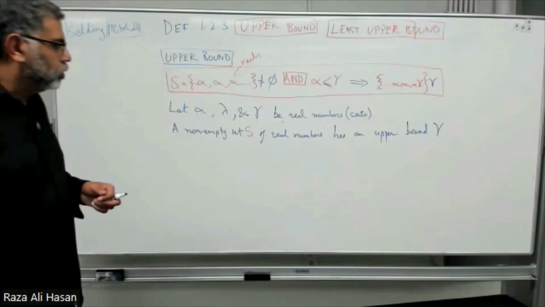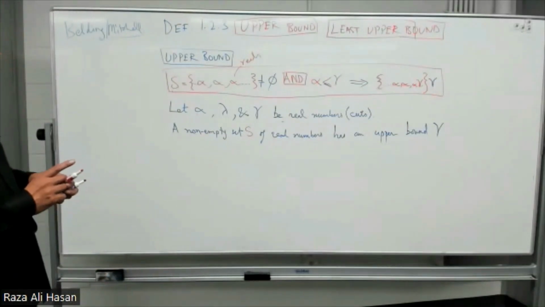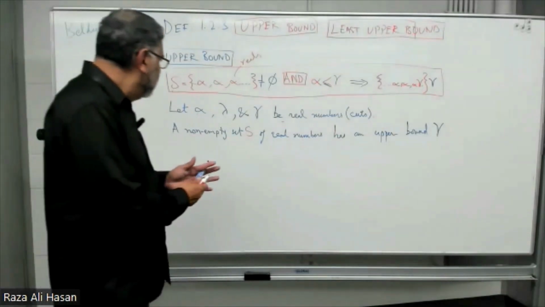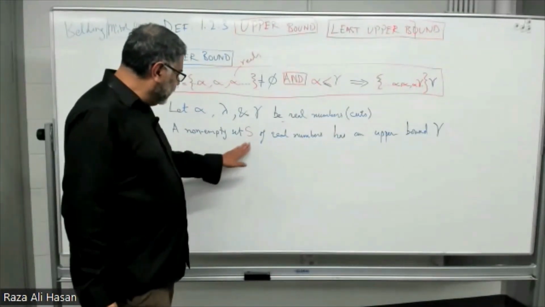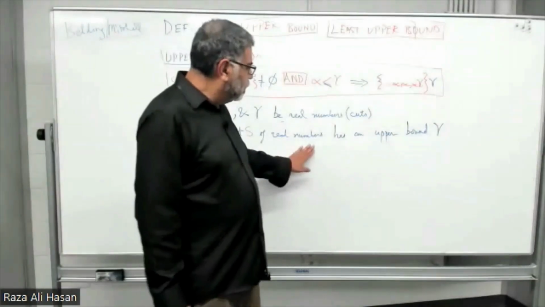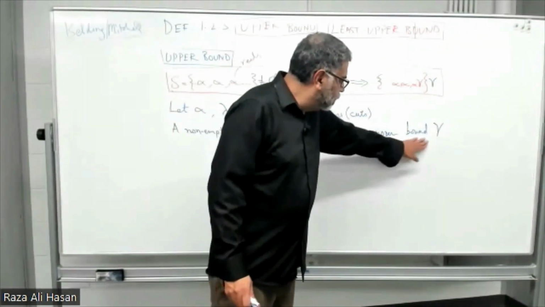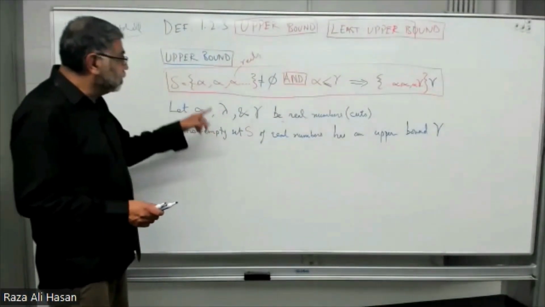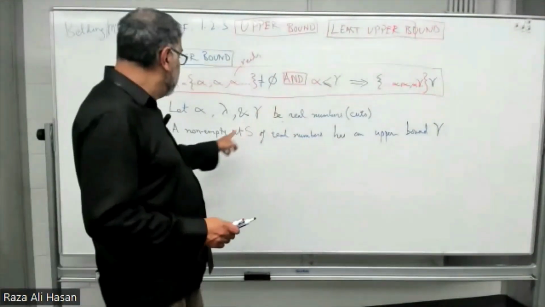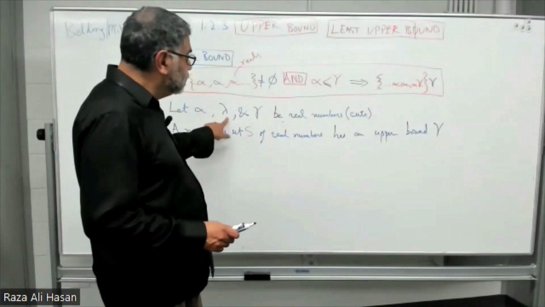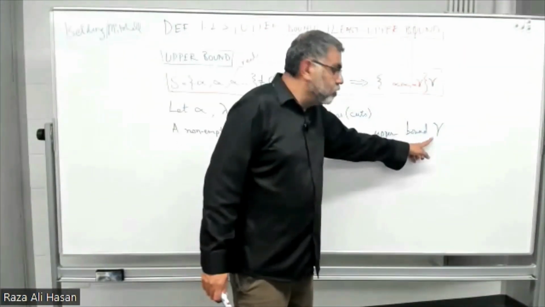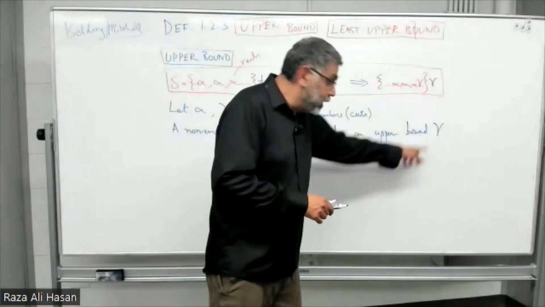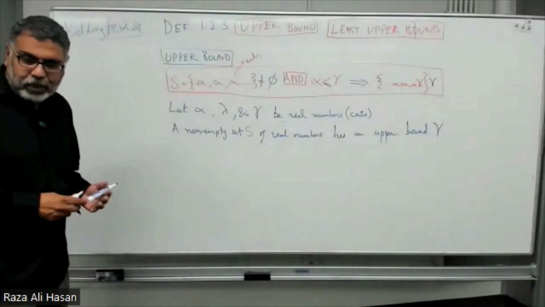So the non-empty set S of real numbers has an upper bound gamma, and we've already seen that. Everything in the set S, alphas and let's say lambdas, better be equal to or smaller than that. If they are, then this is an upper bound to them.